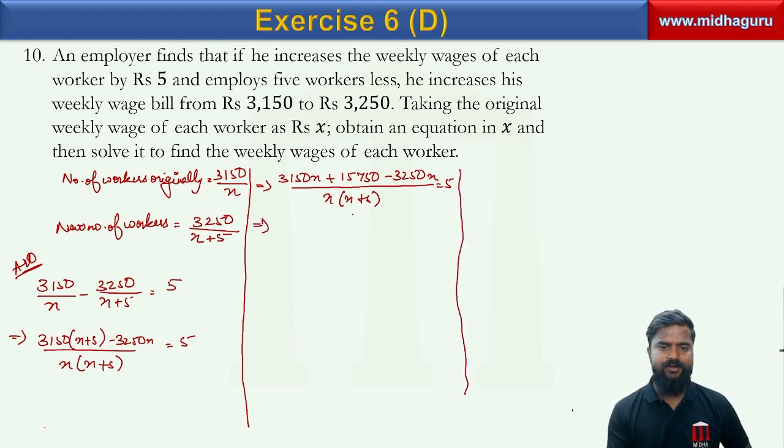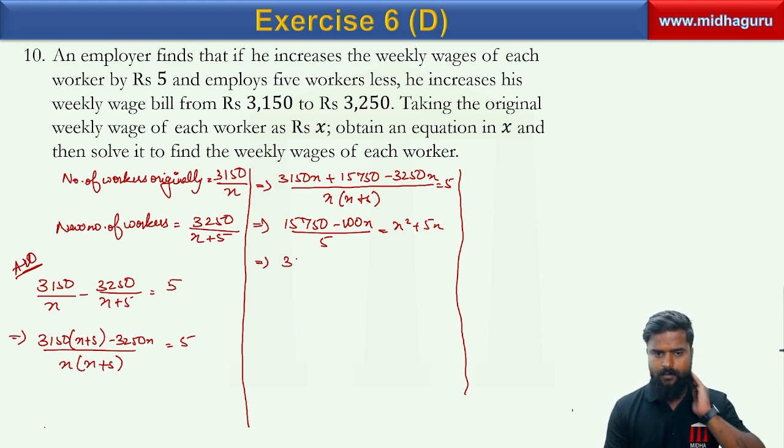So we'll take this x into x plus 5 to the other side and bring 5 down here. 3150x minus 3250x gives us 15,750 minus 100x divided by 5, which is equal to x square plus 5x. Dividing this by 5, we get 3150 minus 20x is equal to x square plus 5x.